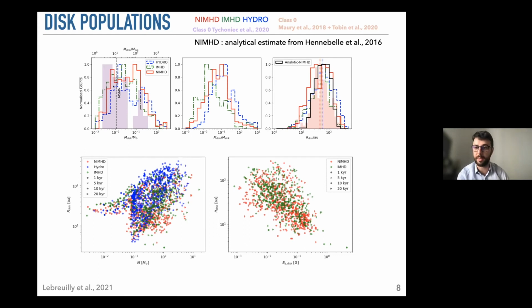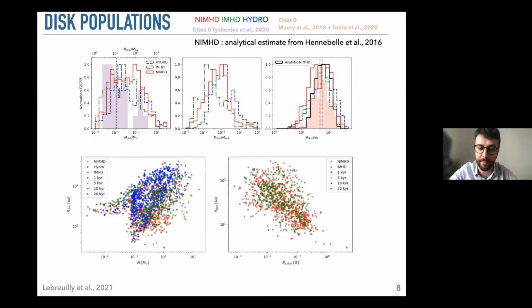More importantly, most of our disks are massive enough to form planets because they lie above the minimum mass solar nebula, which is historically the threshold needed to form a solar system, but it has been revised downward in later studies, so we can even push the limit a bit more to the left. So it means that our disks are mostly massive enough to form planets early on.